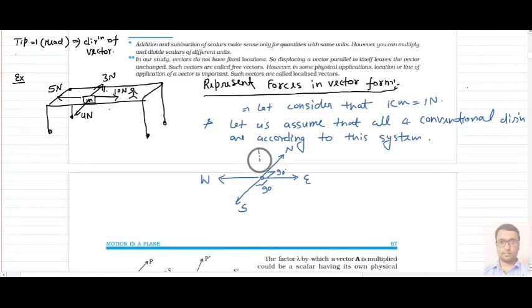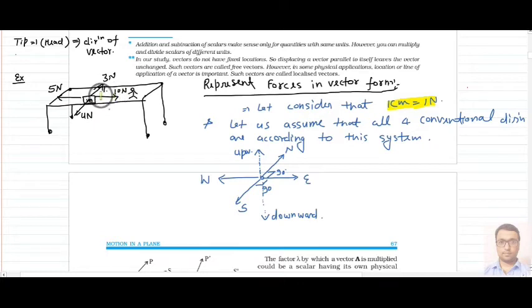Then this direction shows us upward direction and this direction will tell us downward direction. So we have to represent all forces in this way, and we have considered one more thing, that is 1 centimeter equals 1 Newton.